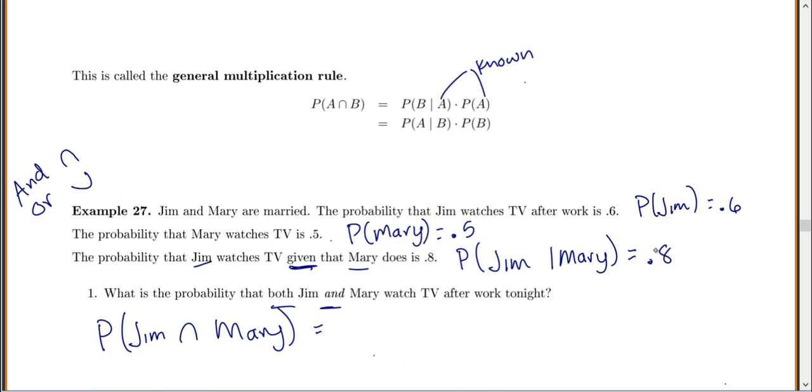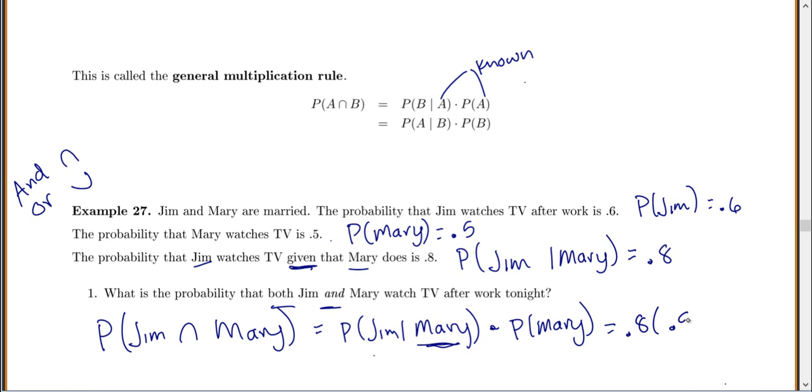We only know one conditional probability, so we better make sure we use that one. Times, and then you make sure you multiply by whatever was known in your conditional. The known is what comes second, so you multiply by the probability of Mary. So the probability of Jim given Mary was 0.8. The probability of Mary watching was 0.5. This gives me 0.4. So there's only a 40% chance that both of them will watch TV tonight.